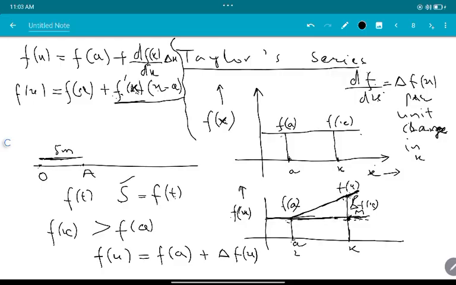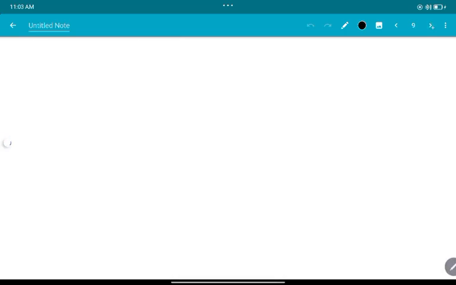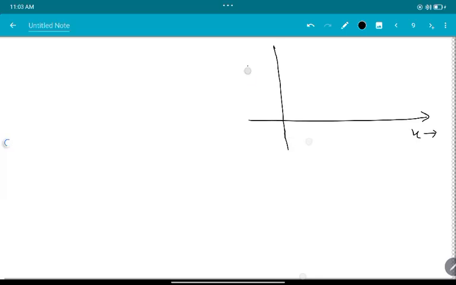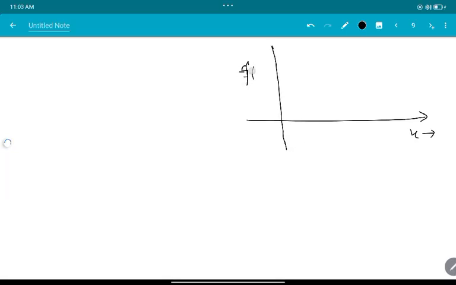Now after this, let us go to another case. So far we have studied this case. Initially we had x here and f(x) here, like this, a horizontal line without any change in f(x).